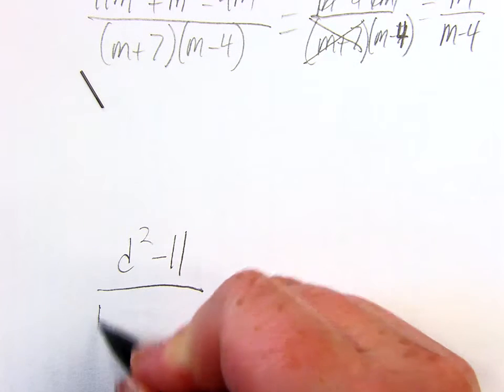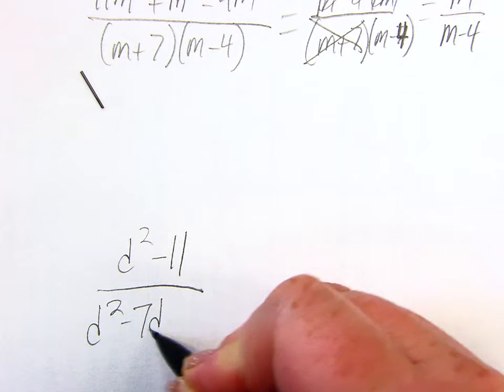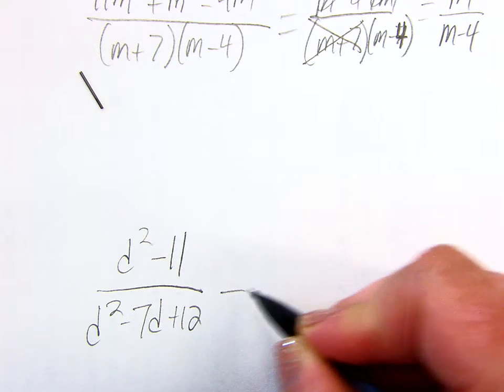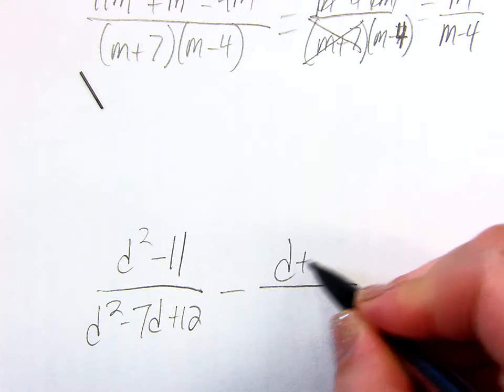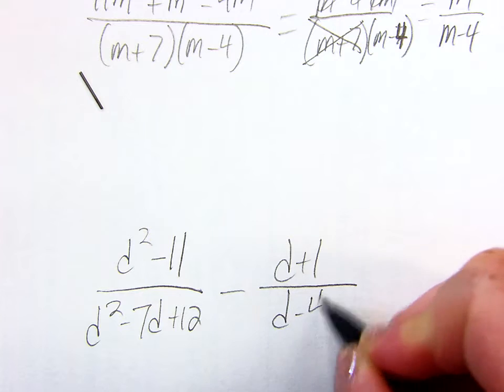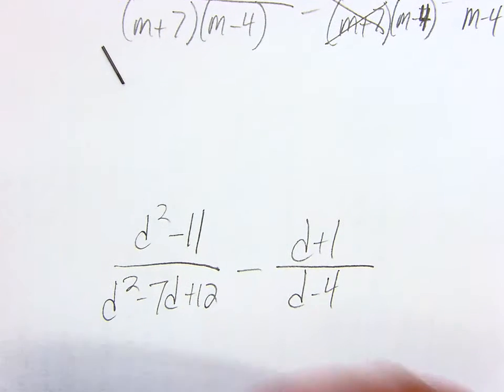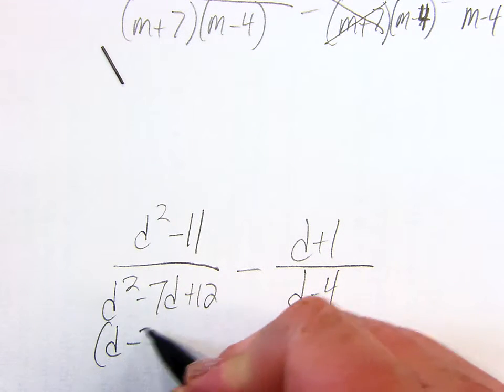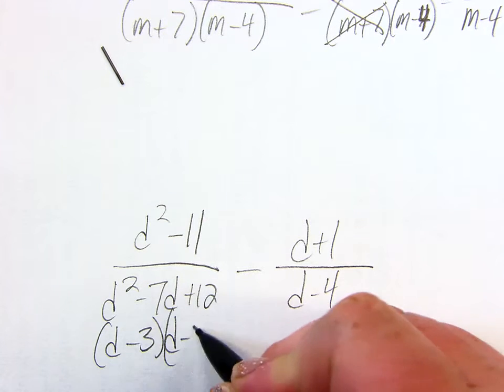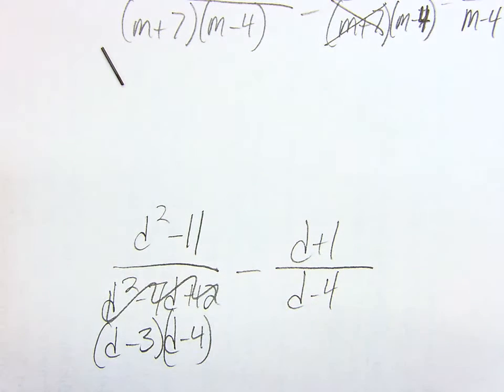So d squared minus 11 over d squared minus 7d plus 12 minus d plus 1 over d minus 4. Okay, there's something to factor, so let me start there. D minus 3, d minus 4. Oh, sorry. I'll slow down. I'm on 10 on the snowman puzzle.